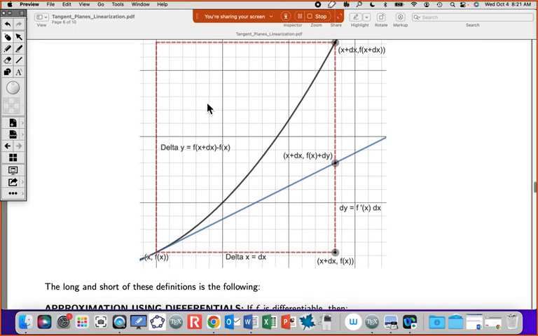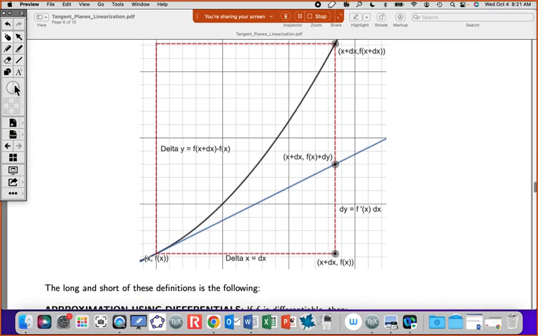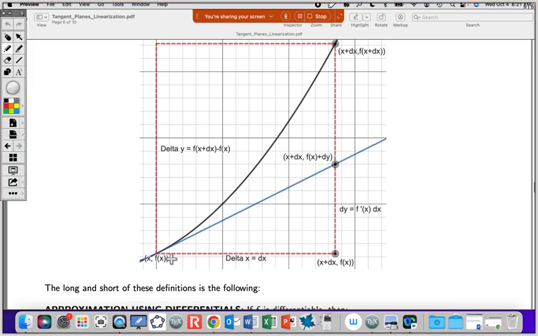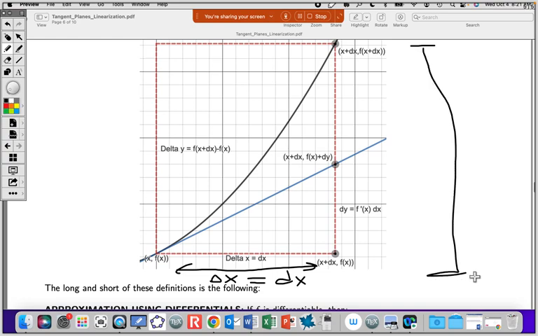So if I'm looking at the graph here, this is our delta x. And since x is the independent variable, we're just going to call that dx. We're going to associate or just call those things the same in this context. The actual change in the function values, that's the change in y on the curve.